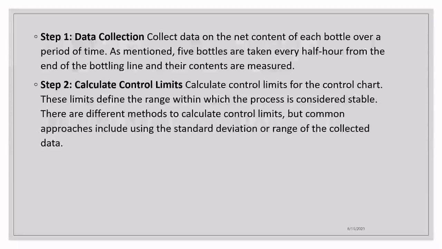For that, we are going to calculate the upper control limit and lower control limit. Based on the data, you can calculate the mean. By using the standard deviation, you can calculate the upper and lower control limits. If not, you can do it by getting the information from the tables, right? There are 2 methods to do it.